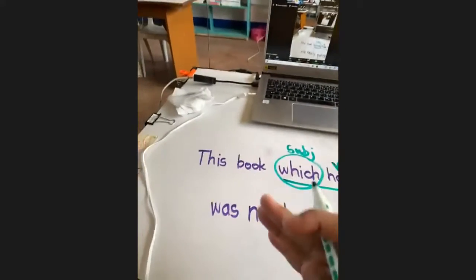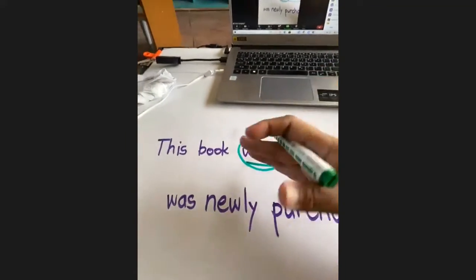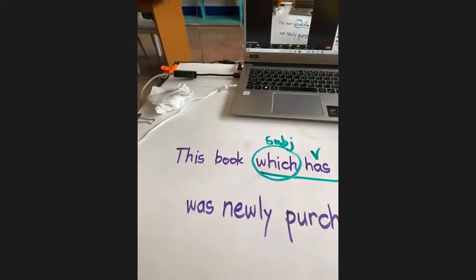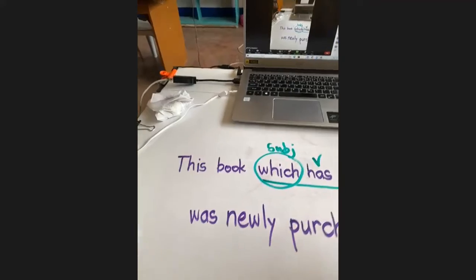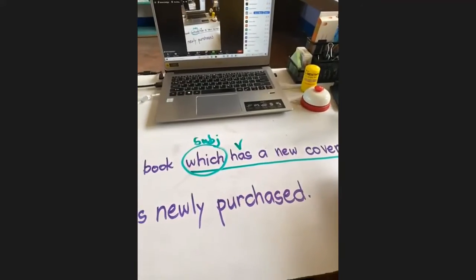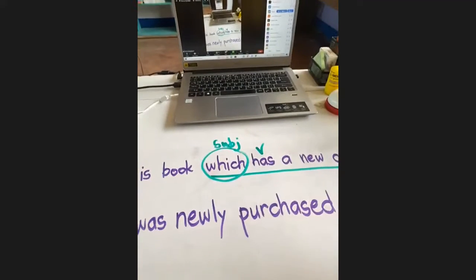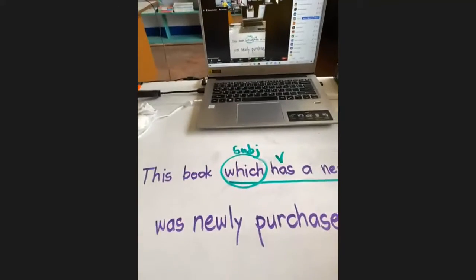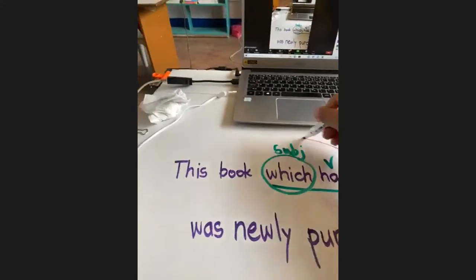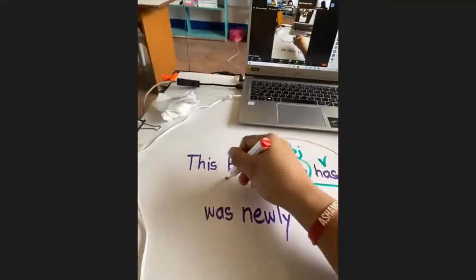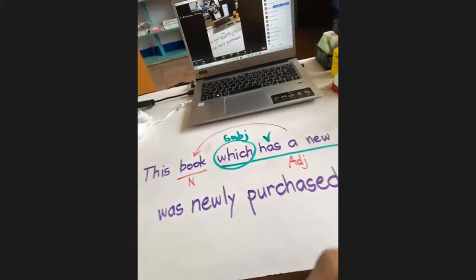Which is not the subject, which just represents the subject in this clause. Because the supposed subject in this clause is book. We just cannot find the word book in this clause. However, we are representing the word book using the relative pronoun which, using the subordinating conjunction which. What does this clause do? It describes the word book. Book is a noun, which makes this clause an adjectival clause.